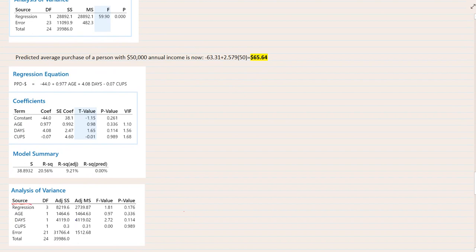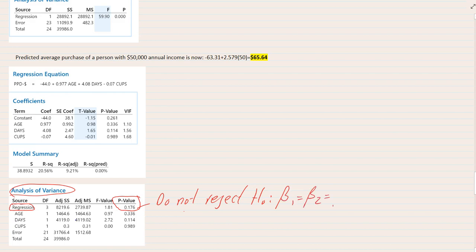But this is important. Check this out. Remember, this is the p-value from ANOVA. The p-value from ANOVA looks at all variables that are in that model. So for this one, the p-value is 0.176, which is large. So we do not reject the null. And what is the null? The null says beta 1, beta 2, beta 3, those three independent variables, are 0.